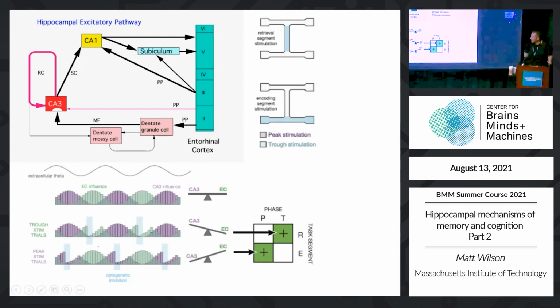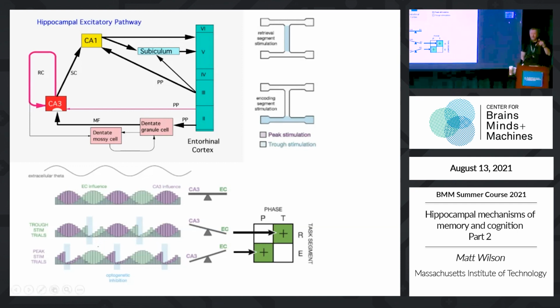But when you're in CA1, you have two primary sources of input, the stuff coming from entorhinal cortex and the stuff coming from CA3. CA3 is getting slightly different input, layer 2 input, and it's also getting dentate input. So you've got these two inputs from CA3 and entorhinal cortex.